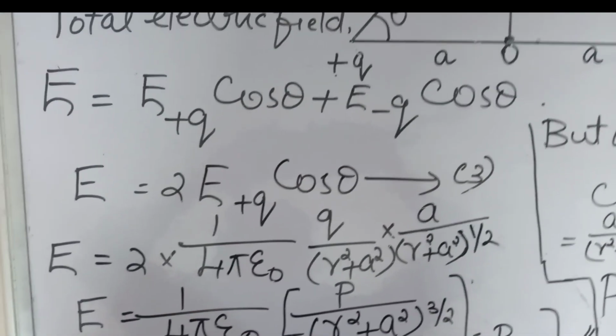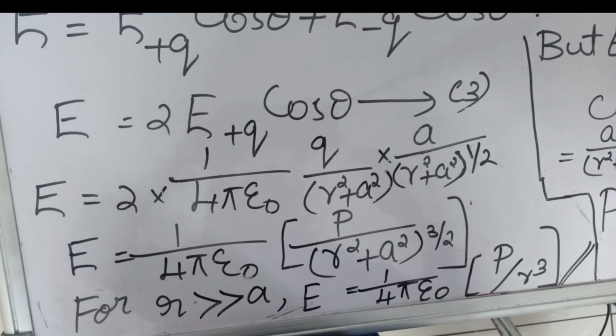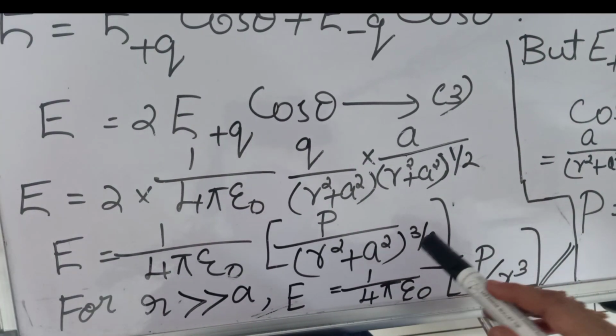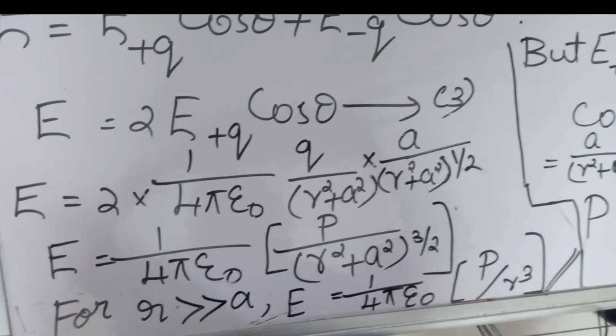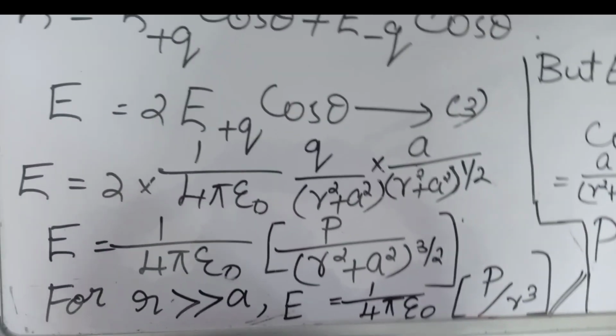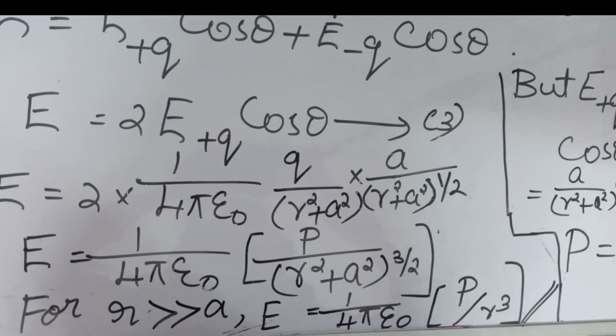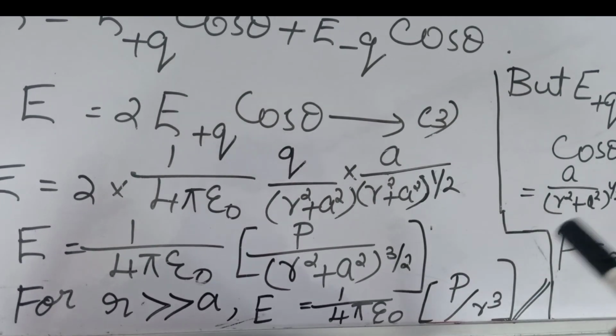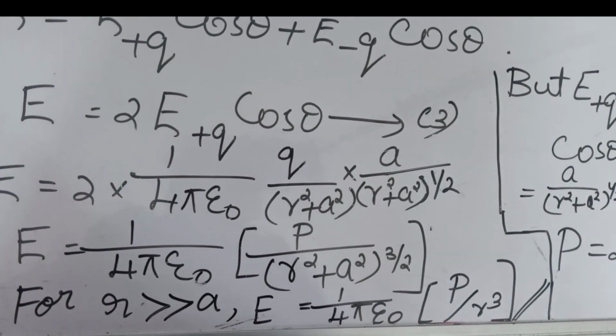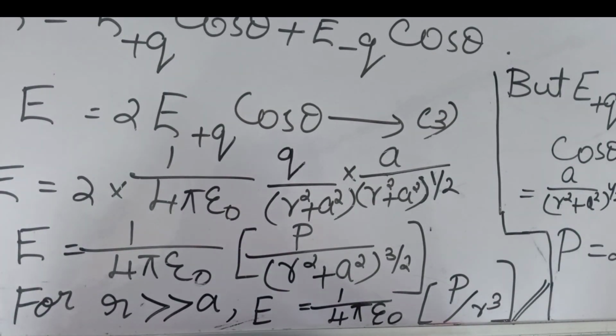So our equation is 1 by 4 pi epsilon 0 P divided by R square plus A square whole raised to 3 by 2, or for R very much greater than A we can write E equal to 1 by 4 pi epsilon 0 P by R cube. So this is the equation for finding the electric field due to a dipole along the equatorial line.